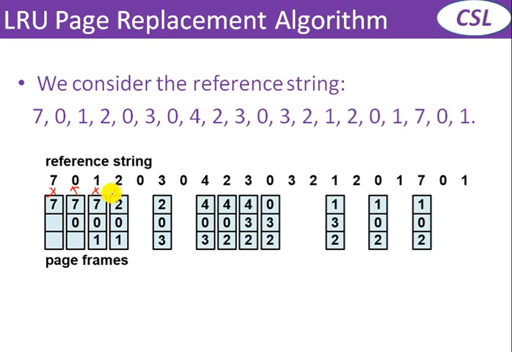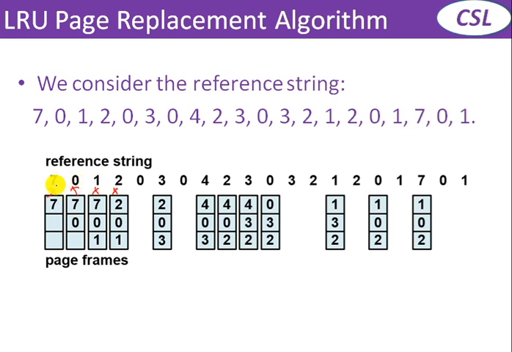Now what do we have to do? We have to remove one page from this memory and assign the newly requested page to that partition. According to LRU page replacement, we have to identify which page is least recently used. Among 7, 0, 1: 1 is the most recently used, before 1, 0 was used, and before 0, 7 was used.